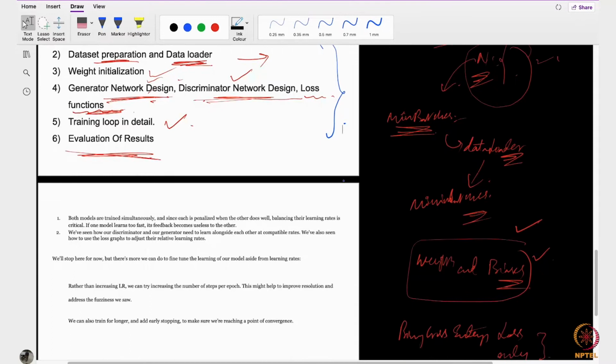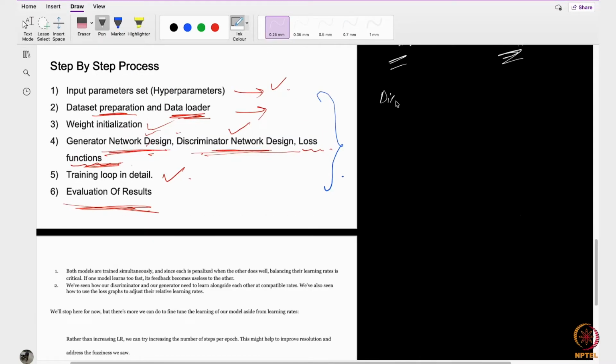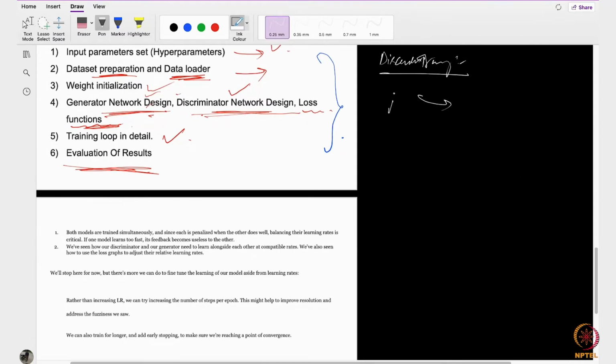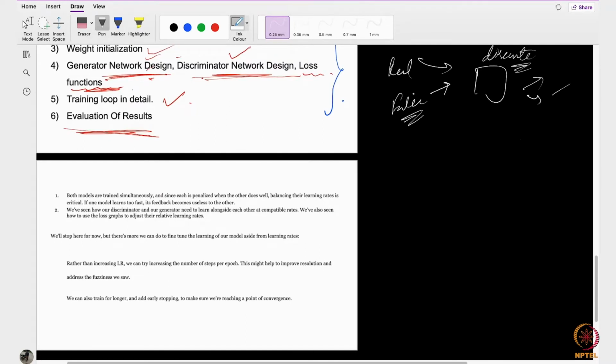Before that, first let us focus on discriminator training. Here real images and fake images both will be fed into the discriminator. Now its task is to classify. Okay. So suppose the given input is a real image, the target value will be kept as 1.